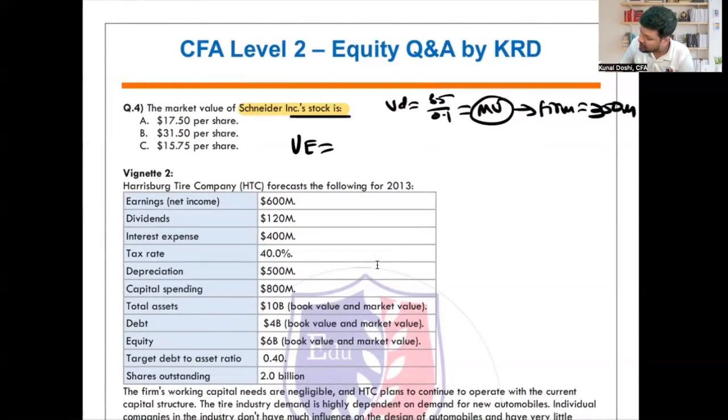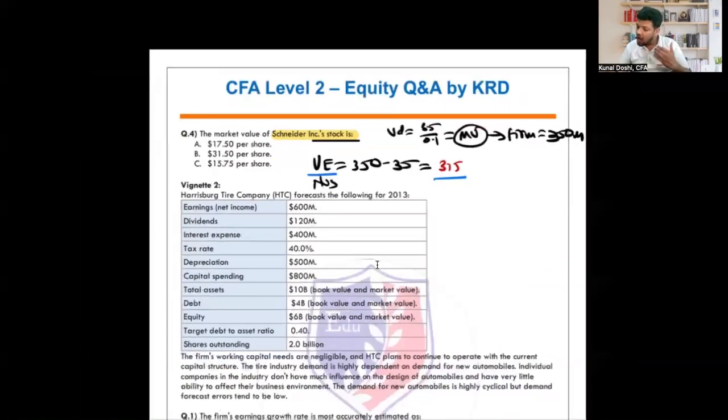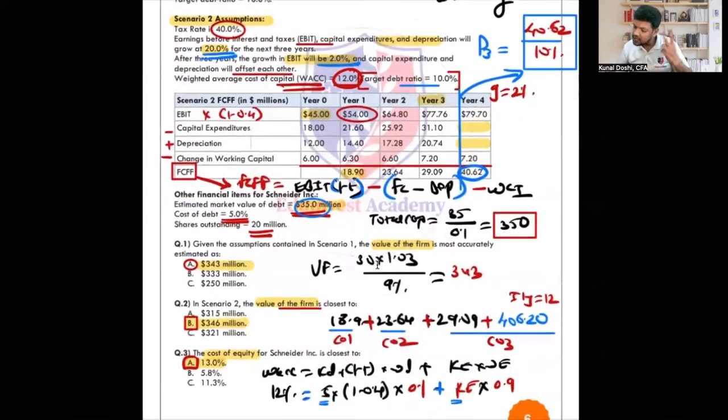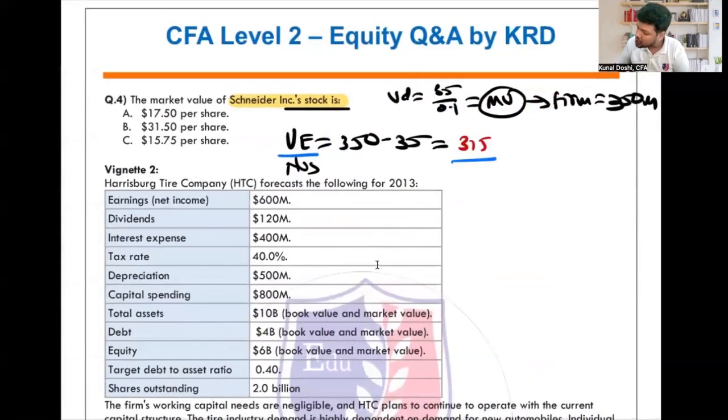My value of equity will be 350 minus 35, that is 315 million, divided by the number of shares. Shares outstanding are 20 million. So 315 divided by 20 is 15.75. Correct? Understood? 15.75. Very good.